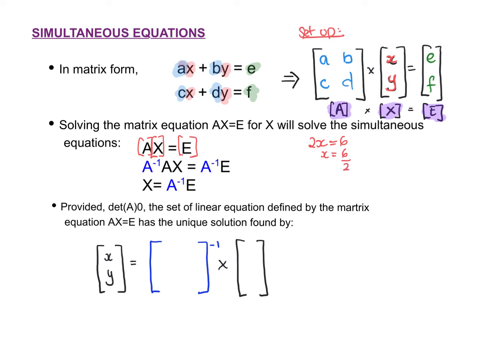Because it's multiplying, we divide, and that's how you find out x is 3.